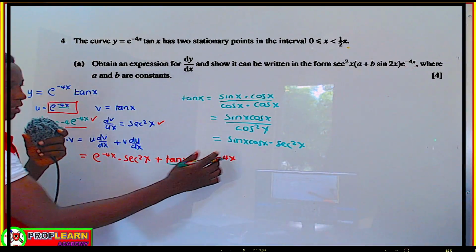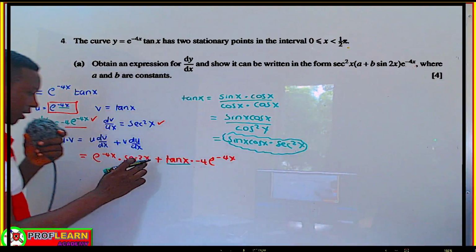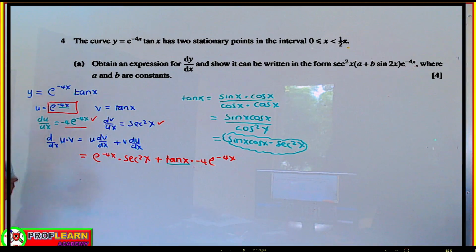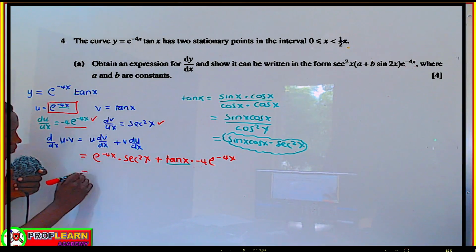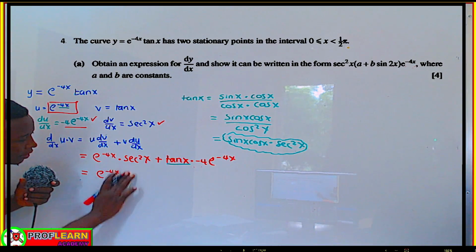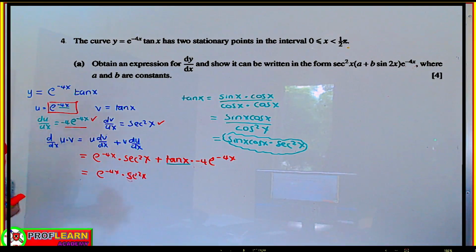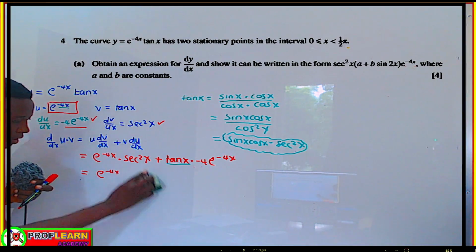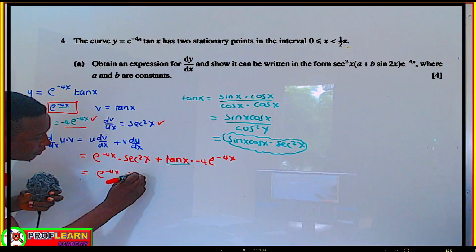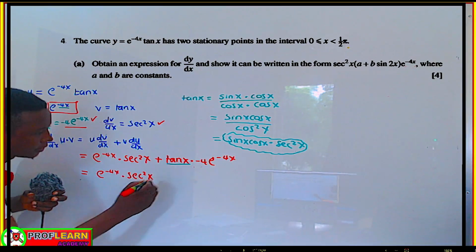So we can now replace whatever we have gotten at this point. We just put it at this level here. And I will just start by saying this can be written as e to negative 4x sec squared x. I need to write this properly so that it can be feasible. This is sec squared x.